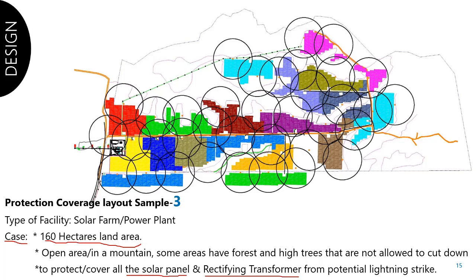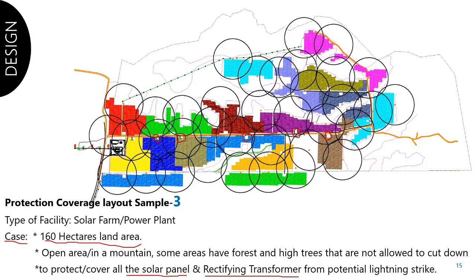That's why they decided to install a lightning protection system. So for our lightning protection system, number one here is the solar panel itself, to cover it and protect it, and the rectifier transformer. You may notice this rectangular space, that is usually the location of the rectifying transformer.